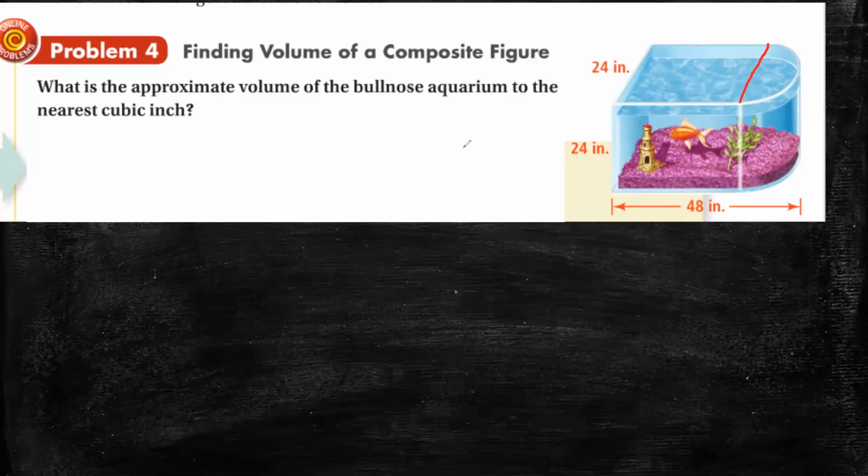Now, look at this shape here. We have to find its volume. Now, to find the volume here, we said that the volume of this shape is the volume of the prism plus the volume of the cylinder.